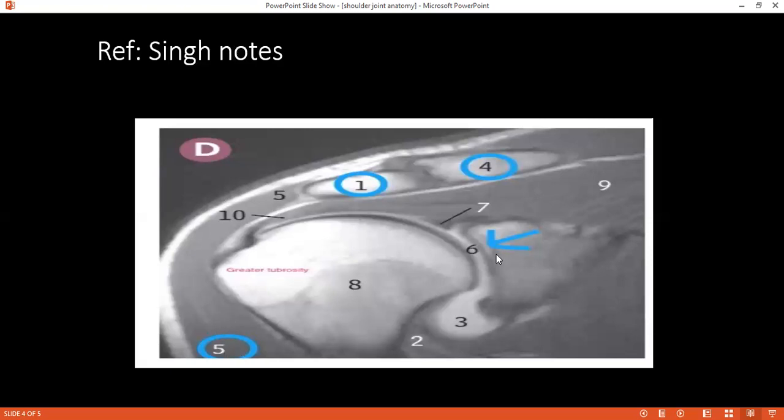Can you please tell me the origin and insertion of the deltoid muscle? Deltoid originates from the superior aspect of the humerus, head of the humerus, and is inserted into the deltoid tuberosity of the humerus on the anterolateral aspect. Can you please tell me what factors contribute to decreasing the stability of the shoulder joint?